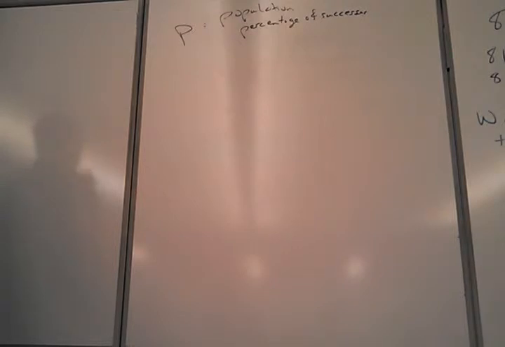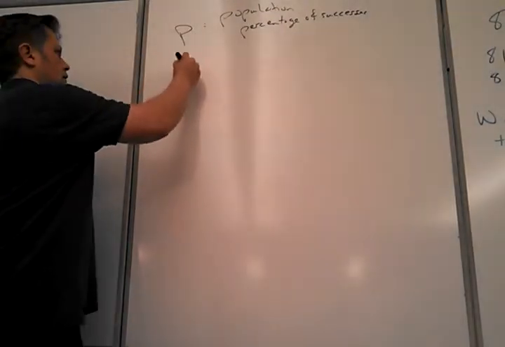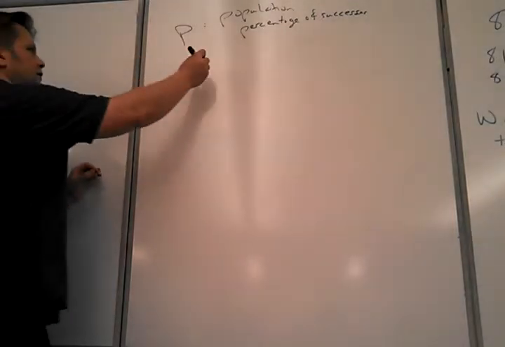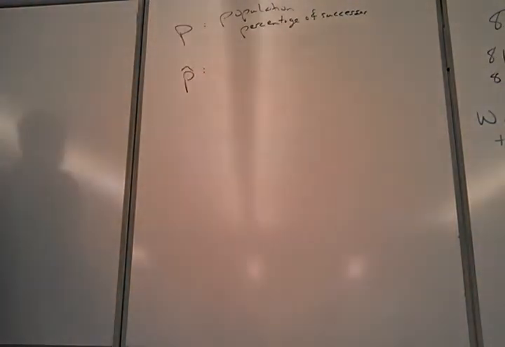Q would represent the population percentage of failures. Opposite. The symbol for sample percentage is P hat. Not something you ever want to wear, it sounds like. Get all that out of the way. P hat. I was in there when they came up with this symbol.